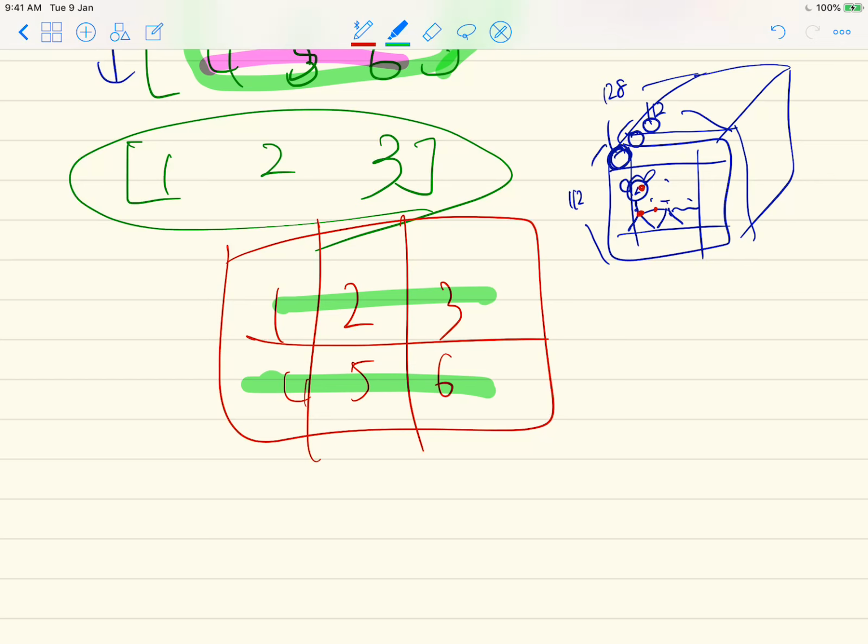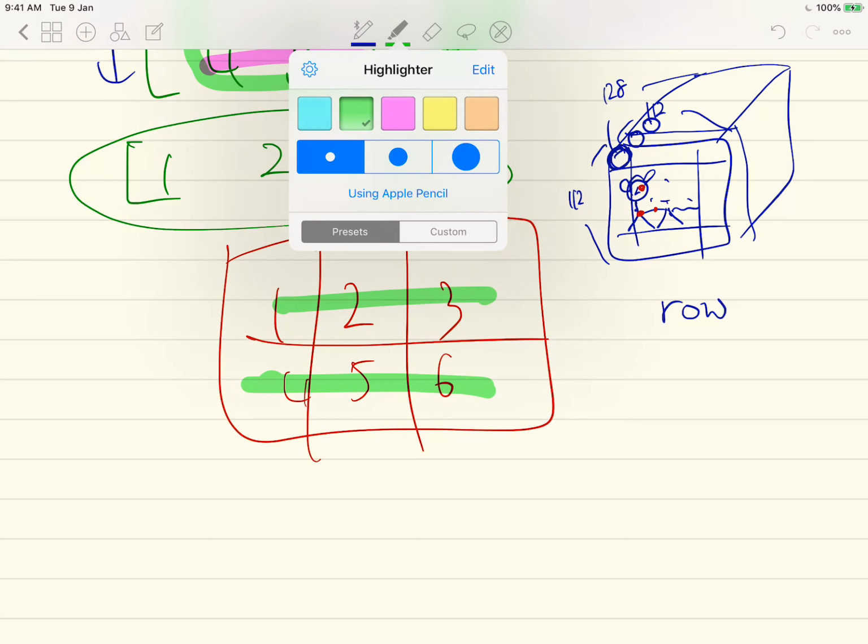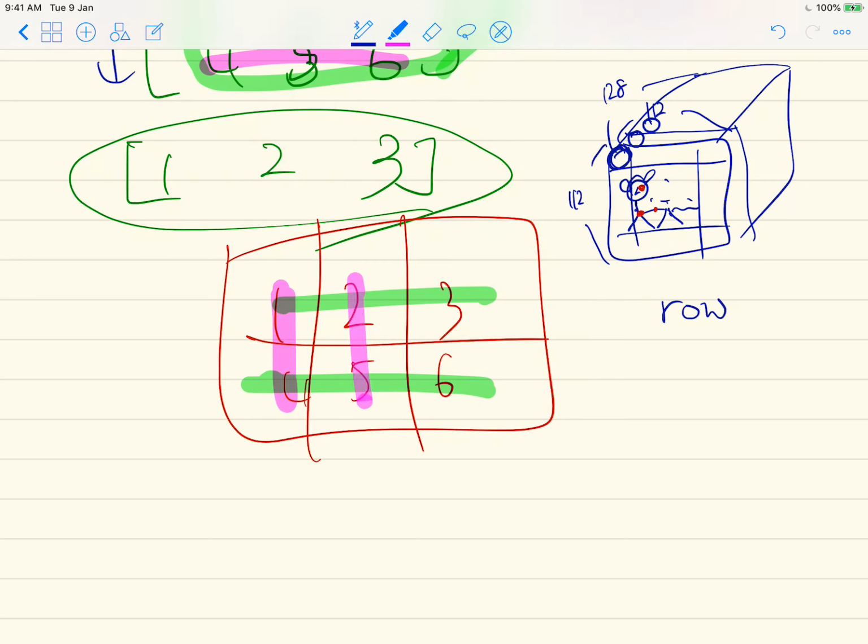But these two vectors are in the form of a horizontal vector, right? So a horizontal vector is called a row, or row vector, and we also have another set of vectors that can be extracted from the vertical direction.